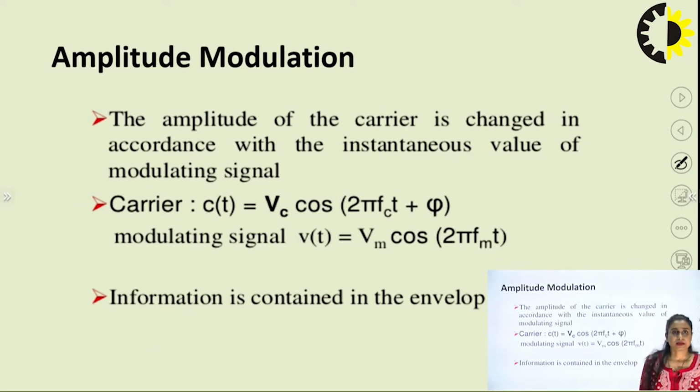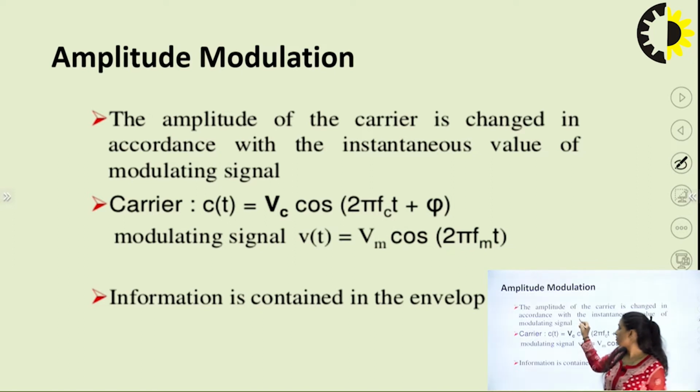Let's start with amplitude modulation, the very first kind of modulation. In amplitude modulation, the amplitude of my carrier wave is varied in accordance with the instantaneous value of my modulating signal, or message signal, or information signal.